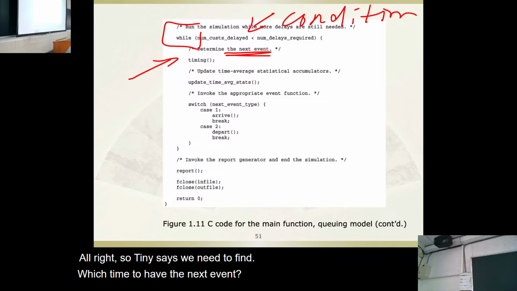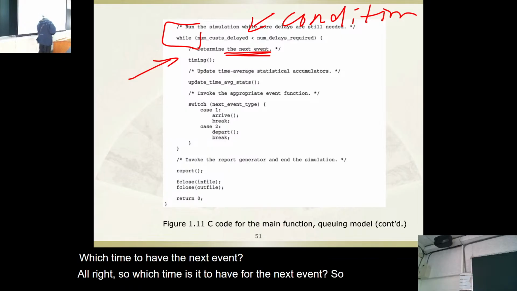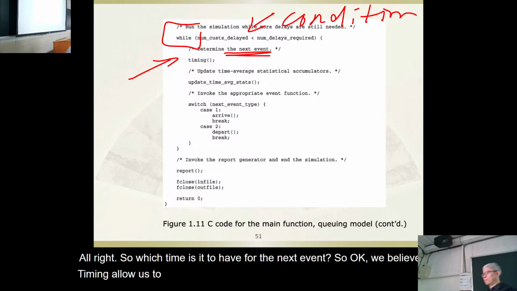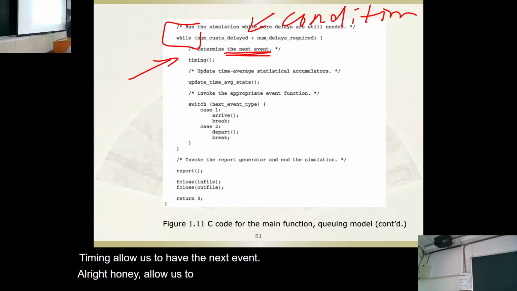Alright, so which time is sent to have the next event. So, okay, we believe timing allows us to have the next event. Timing allows us to have the next event, and then we have the rough idea.